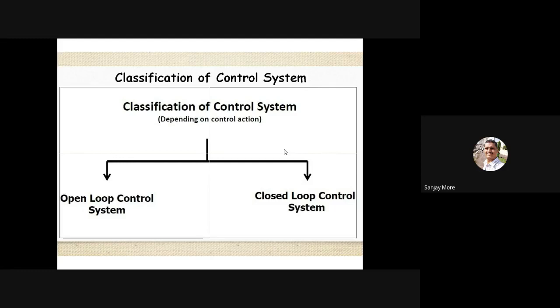Write down classification of control system: first, open loop control system, and second, closed loop control system.